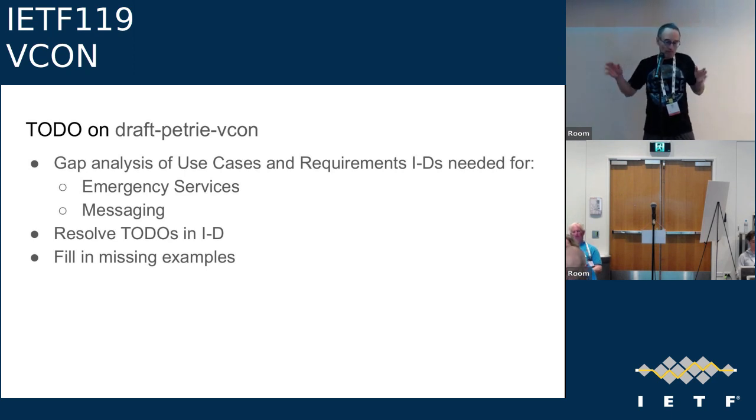The edits in this version were largely gap analysis on the contact center stuff from Jonathan. I also felt that emergency services and messaging are in scope, and we don't have use cases for those.